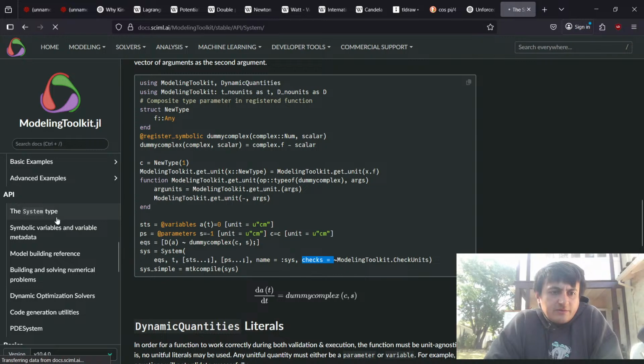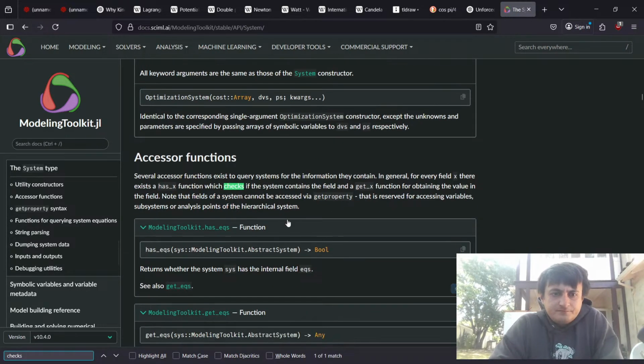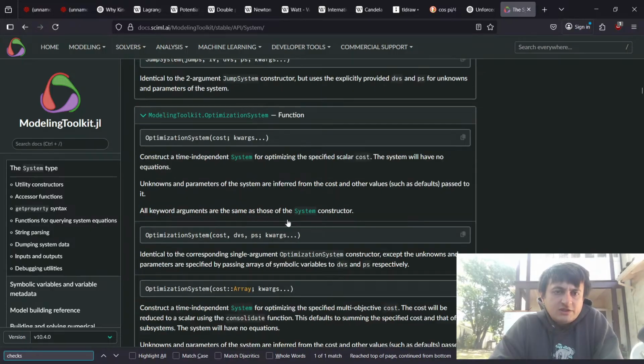The system type. This is what I want. Where's checks? Checks. What?